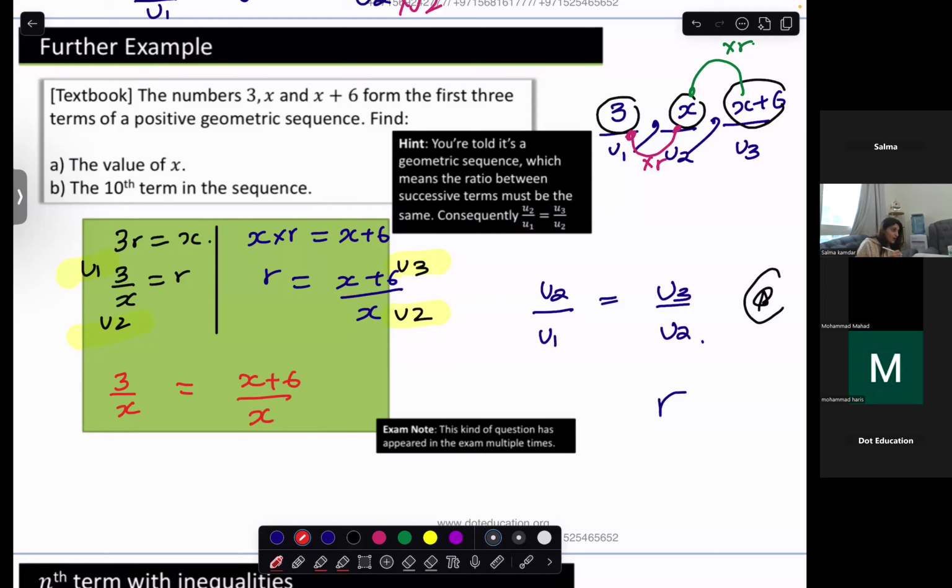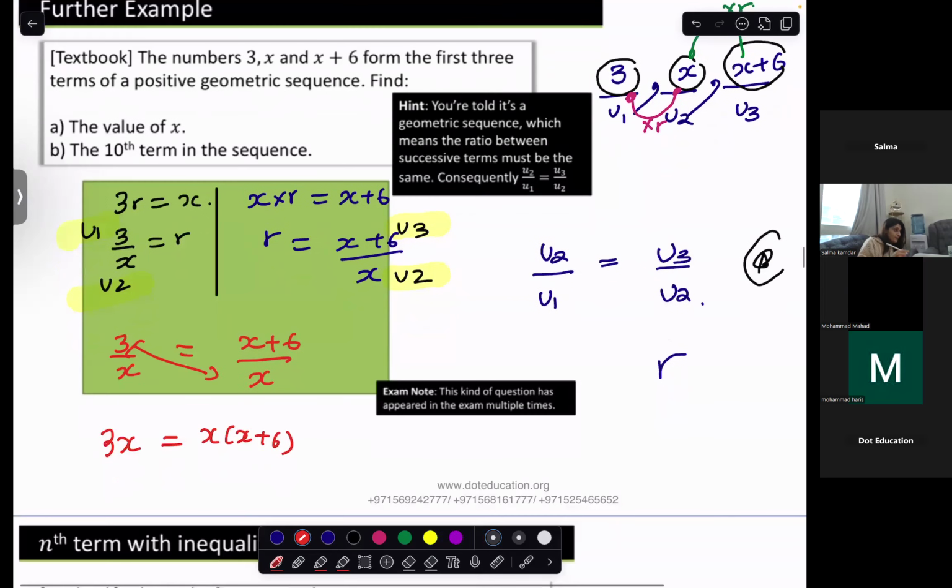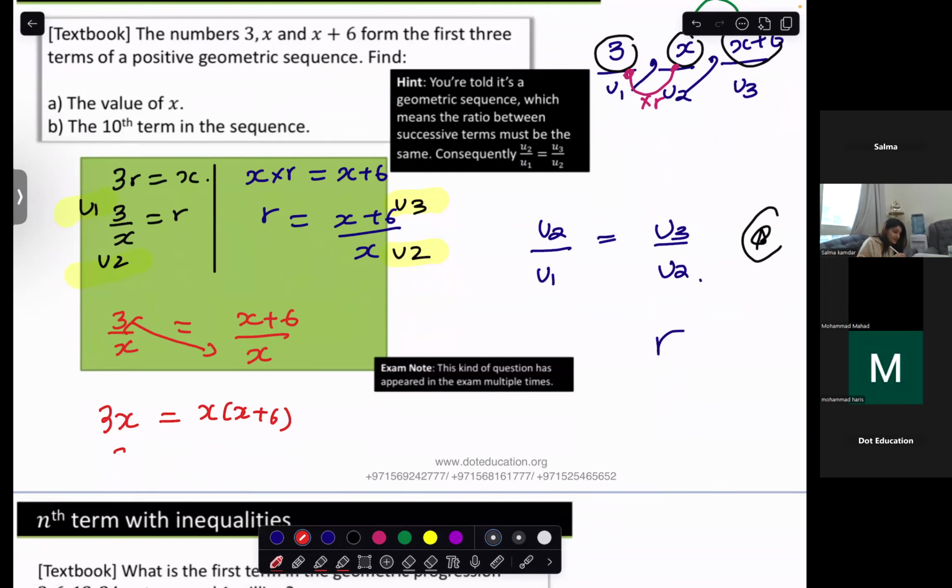And then when I solve it, I'm going to get 3x is equal to x times x plus 6. So it's going to become x square minus 3x minus 18 equal to 0. Is this what you got?